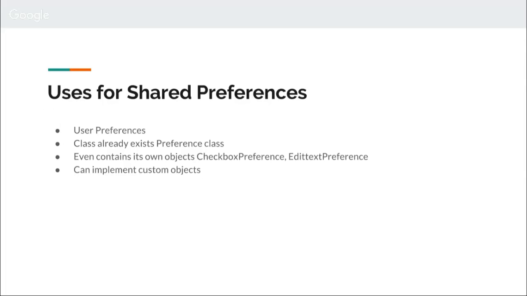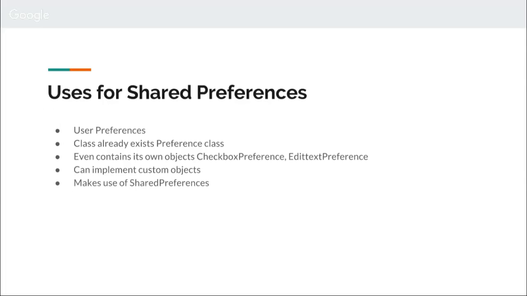One great thing about this is that you can actually create your own preference objects. You create a custom object, and the class handles storing the values, and you can query those values really easily. Instead of handling the shared preference manager, it does it all on its own.